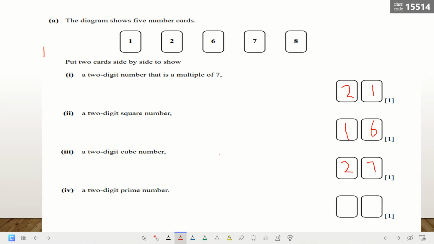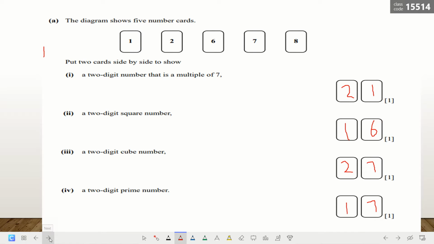Now a 2-digit prime number. A prime number has only two factors, the same number and 1. I can choose 17 here because it's a prime number. So this is the answer.